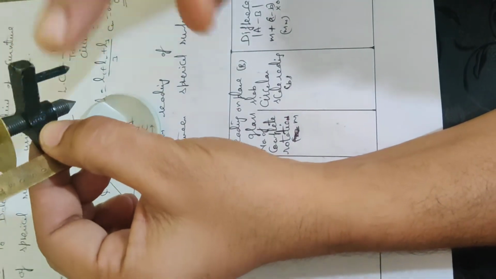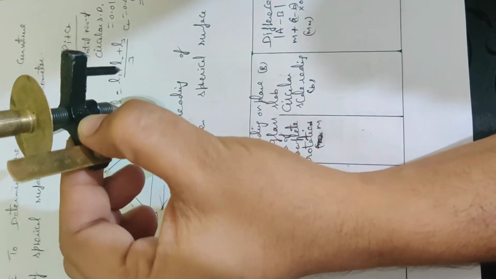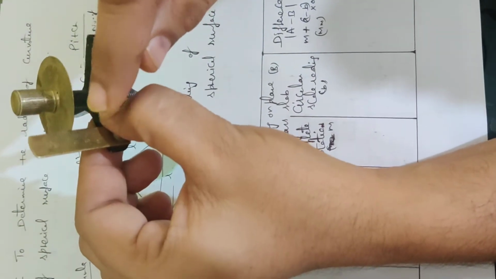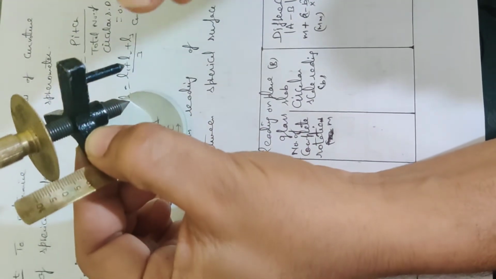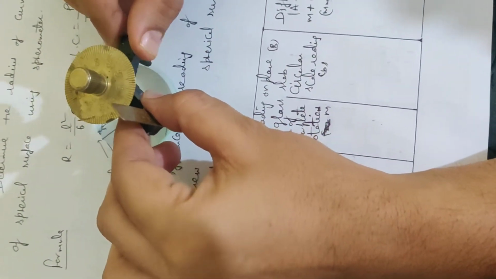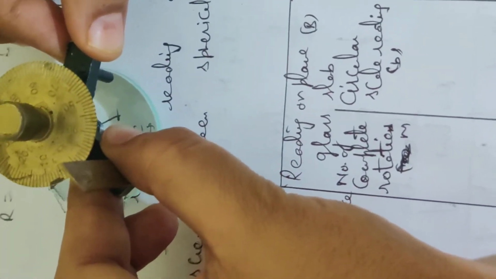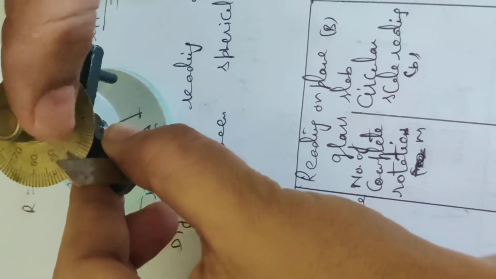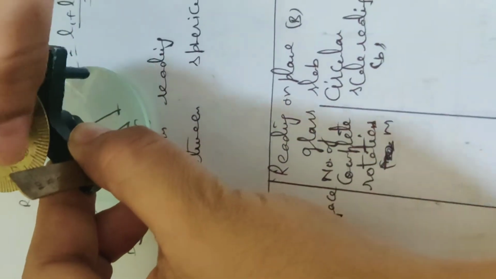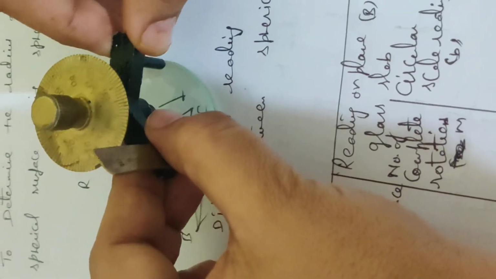For that, I have to determine the reading of the scale, using this micrometer screw. So let me perform the experiment. I will keep it just above this convex lens and rotate it so that it just touches at the top.